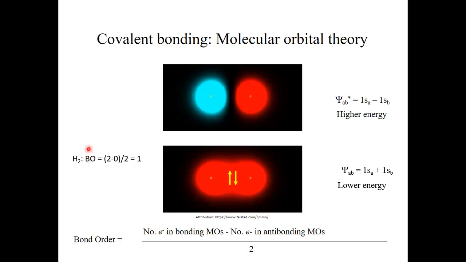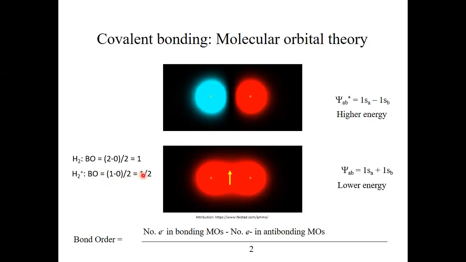Now we can think of, well, what if we had an H2+ ion? What would be the bond order then? So in this case, we would only have one electron. So that electron could be filled in the bonding molecular orbital of lower energy. So we would have no electron in the antibonding orbital, and the bond order would be 1 minus 0 over 2, which is equal to 1/2.